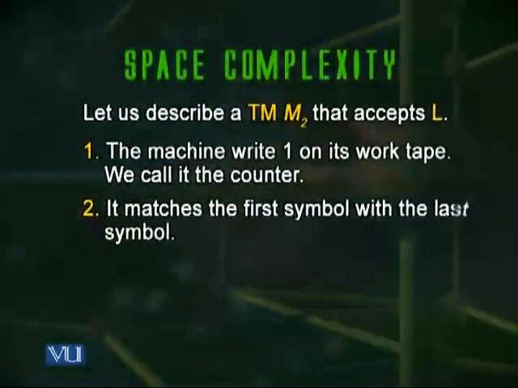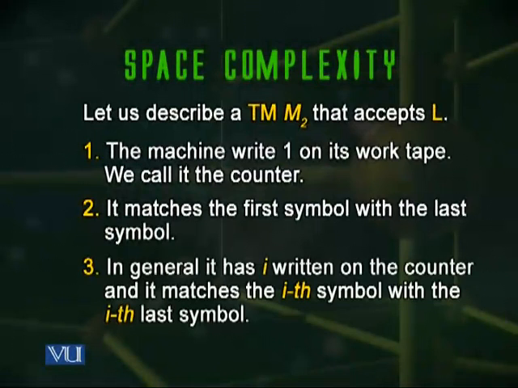So we have a counter in which we put 1. It matches the first symbol with the last symbol. In general, it has i written on the counter. It matches the ith symbol with the ith last symbol. So this Turing machine has a counter which it keeps on its work tape, and suppose the counter has i written on it, then it starts from the start of the input tape and goes i steps further to locate the ith character.